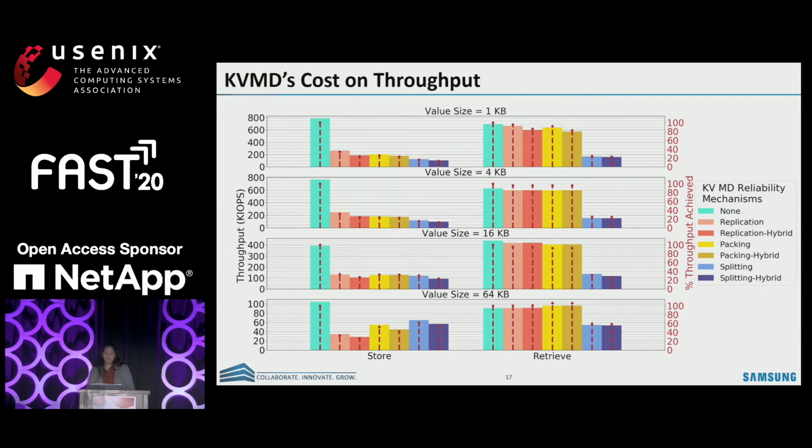And if you look at splitting, because every single I/O you're converting into 6 I/Os now, it's going to reduce the throughput a lot. But as value size increases a lot, it doesn't matter because you are still getting good IOPS.